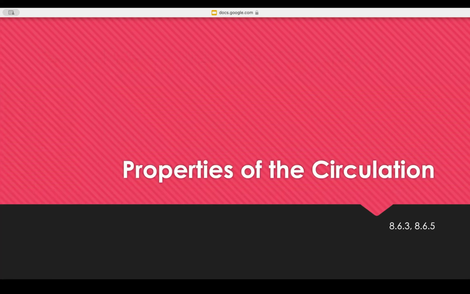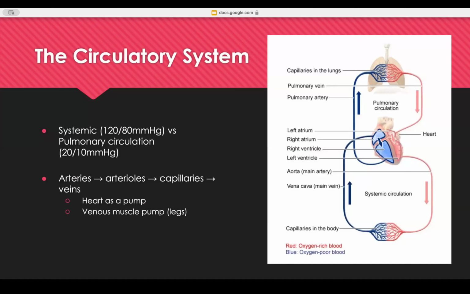So now we're going to move on to a bit about the properties of the circulation, which are points 8.6.3 and 8.6.5 on your syllabus. As I've alluded to, and I'm sure you all know, the circulatory system is made up of two parts, with the left ventricle pumping blood through the systemic circulation to the body, and the right ventricle pumping blood to the pulmonary circulation.